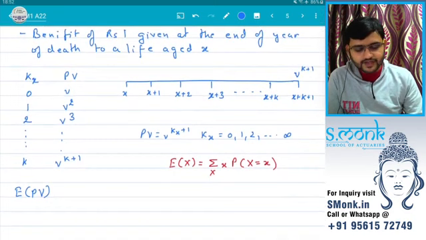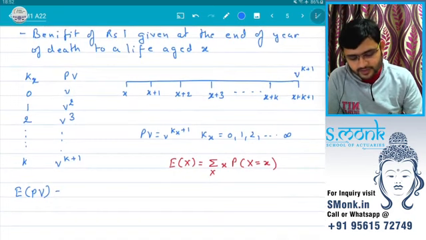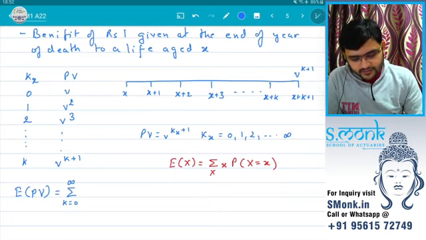Okay, so we can directly take kx probability. So this will become nothing but summation for all values of k, so k going from 0 to infinity, we will have v raised to k plus 1, that is present value, into probability of kx being equal to k.